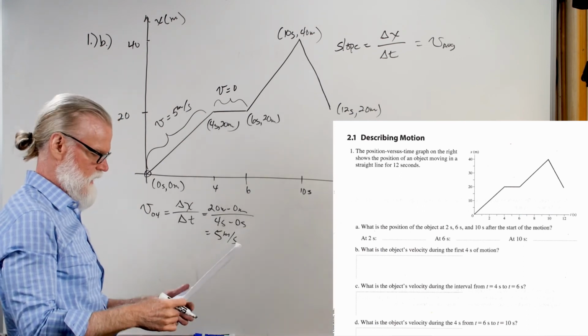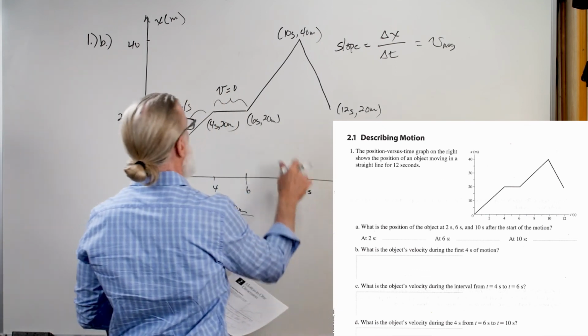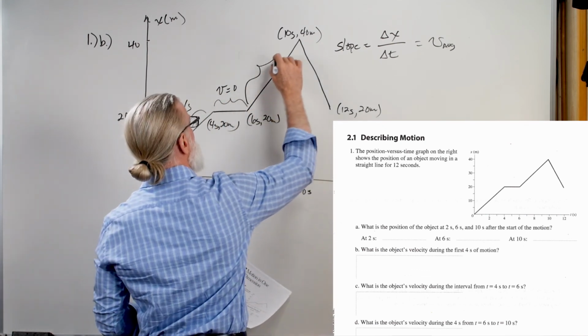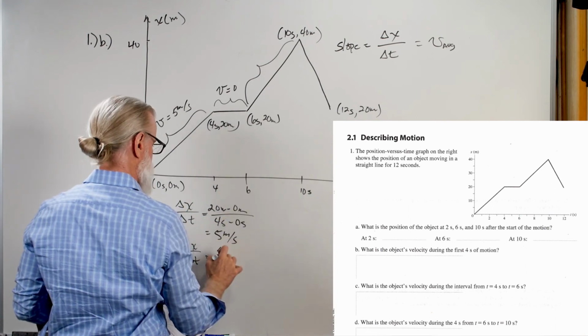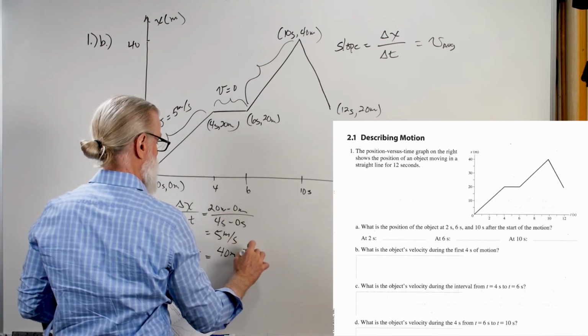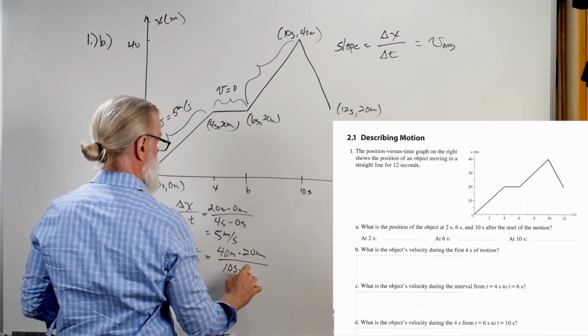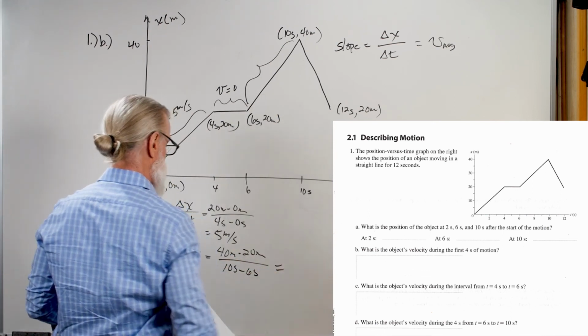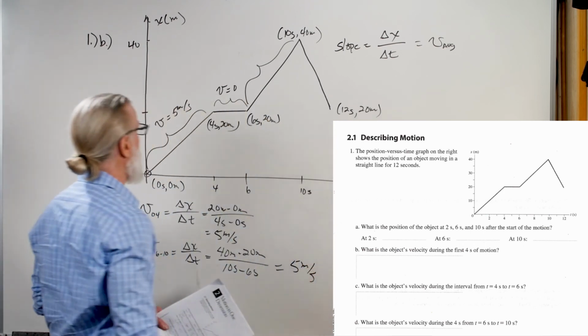What is the object's velocity from 6 to 10? 6 to 10 is, let's say, 40 meters minus 20 meters divided by 10 seconds minus 6 seconds. I guess that's 5 meters per second. Again, same speed.